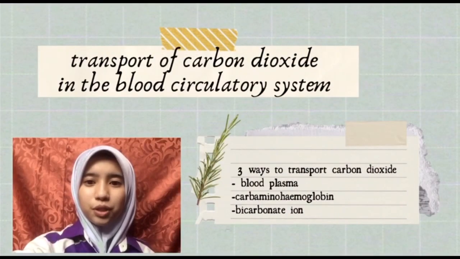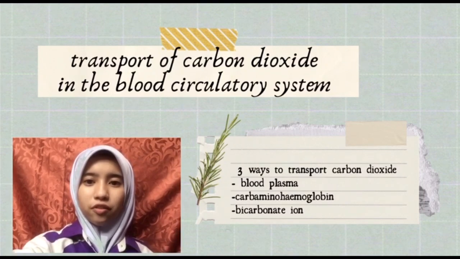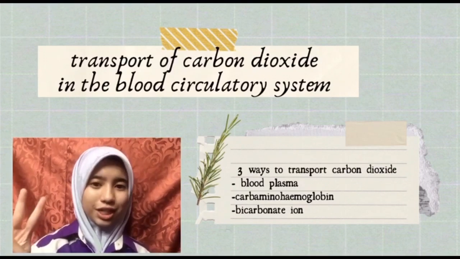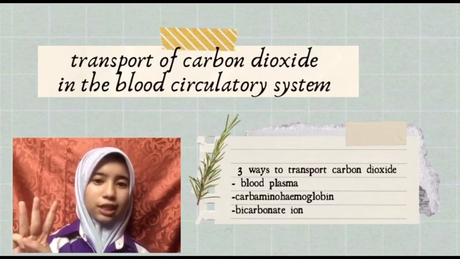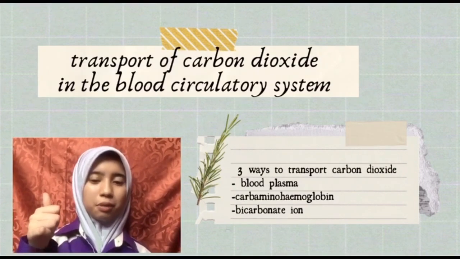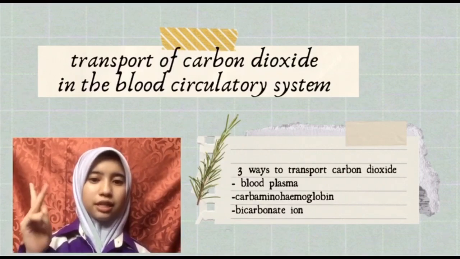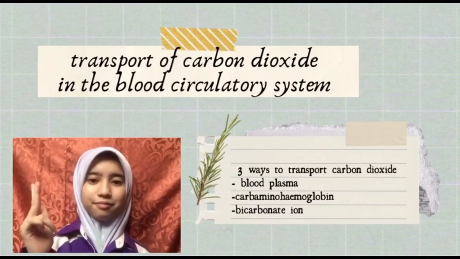So now we are going to learn about the transportation of carbon dioxide in the blood circulatory system. There are 3 ways to transport carbon dioxide. Firstly, the blood plasma. Second, carbaminohemoglobin, and the third one is bicarbonate ion.